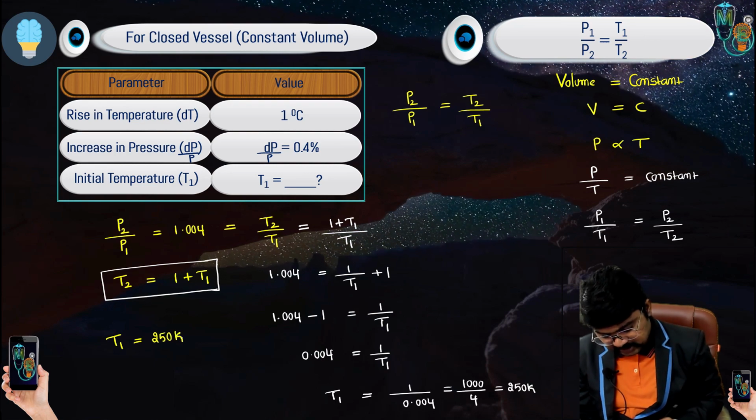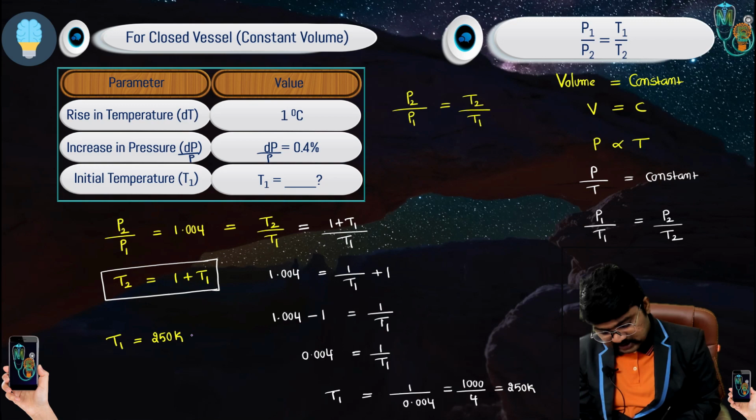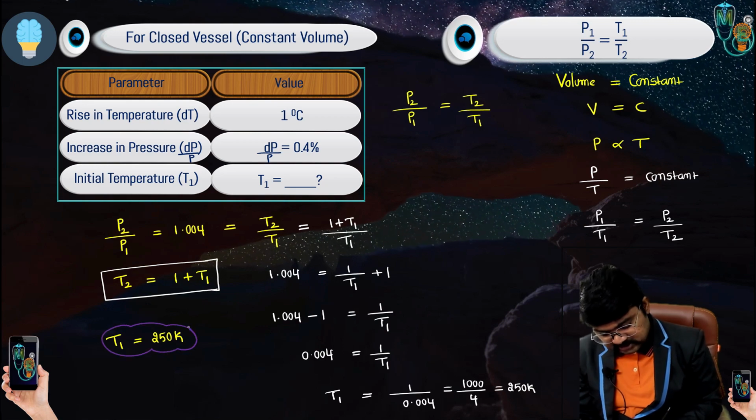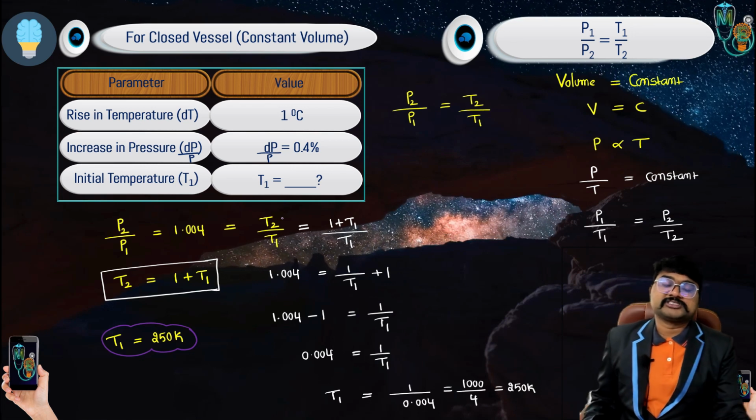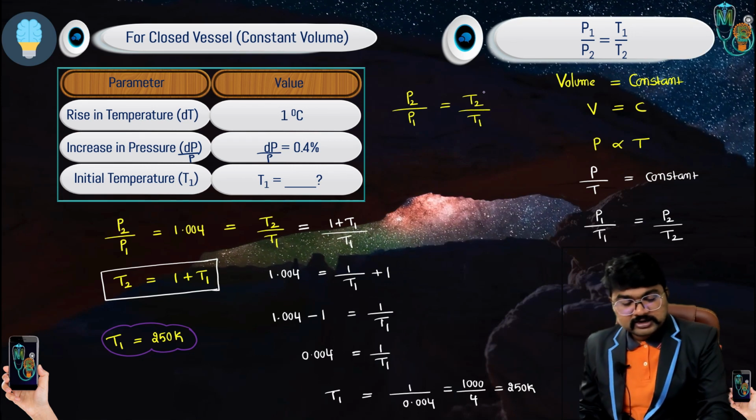Okay, so whatever the answer you are getting from here, that is the thing. From this relation, temperature must be in terms of Kelvin.